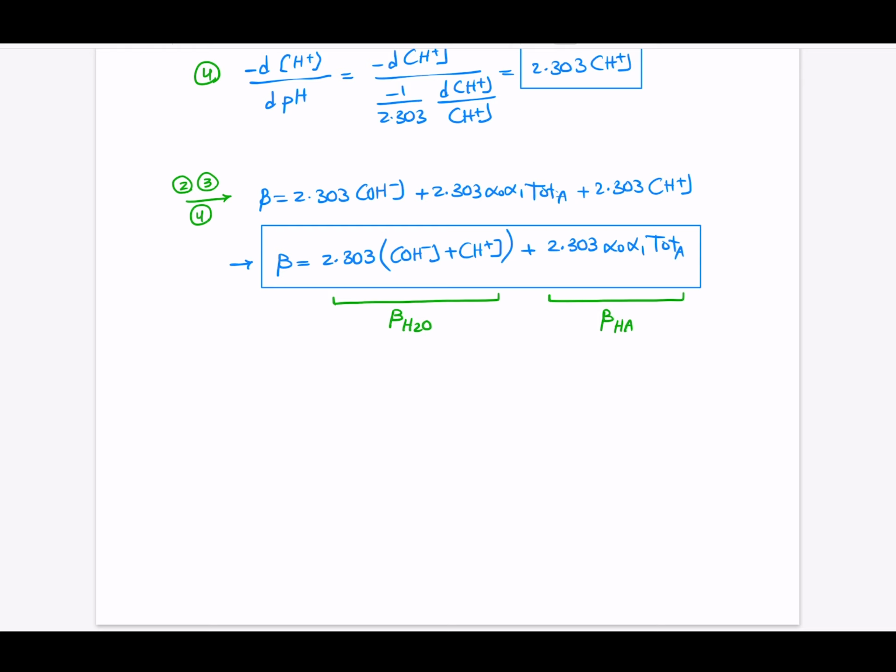And this was a monoprotic acid. We had one HA, and you saw the derivatives. It was all based on HA.